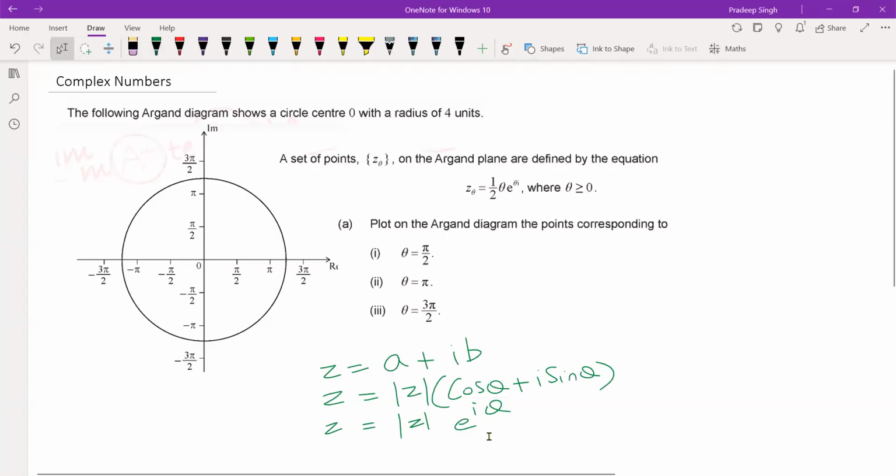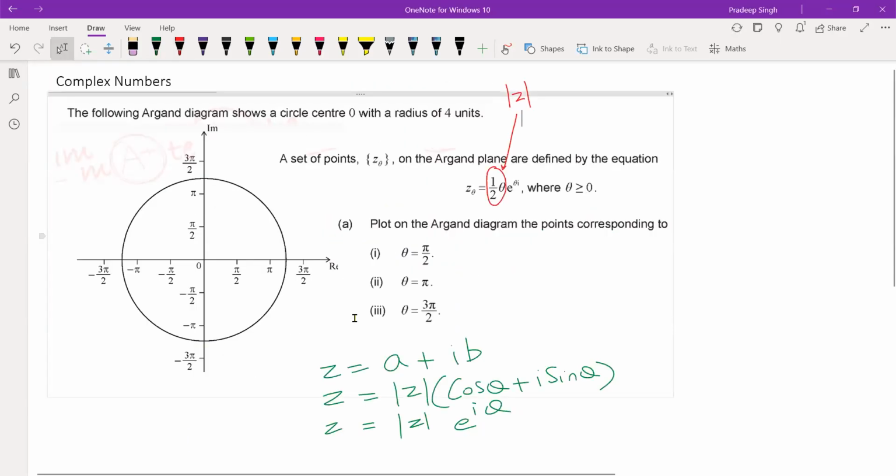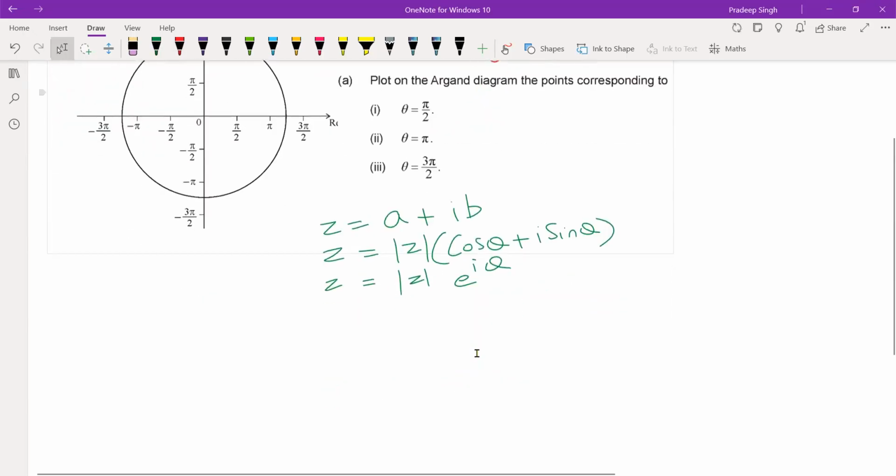If you compare the two equations, you will see that this term theta by 2 is the mod z. Mod is the magnitude of that complex number, and in e to the power i theta, theta stands for the argument. And then we have to plot different points. To go ahead and plot the points, let's understand the definition of argument again.